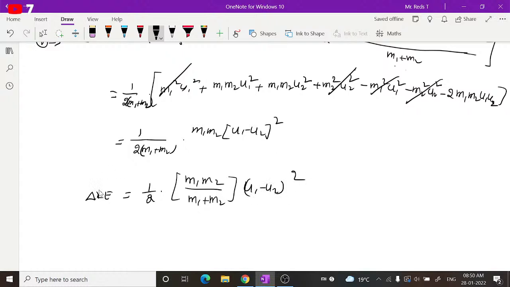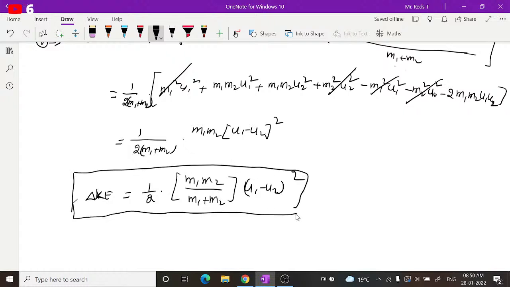This is the expression for loss of kinetic energy in a perfectly inelastic collision. Note this down, everyone. This expression you have to remember, guys. When the two bodies are moving in the same direction and they stick together and move with a common velocity, then the loss of kinetic energy is this.